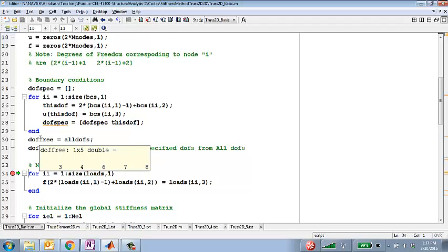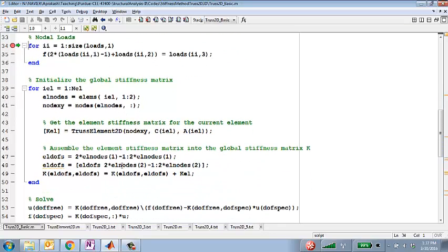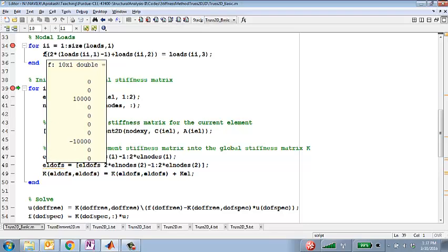I showed you last time that at the end of this loop, what we get is 3, 4, 6, 7, 8 are the free degrees of freedom, and 1, 2, 5, 9, 10 are the specified degrees of freedom for this particular truss. Similarly, then we add the nodal loads. So I'll skip to that. And now our force vector is computed correctly.